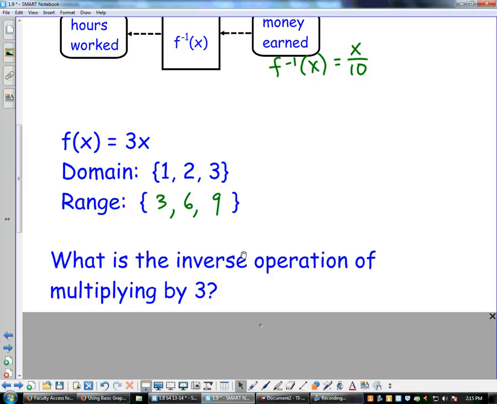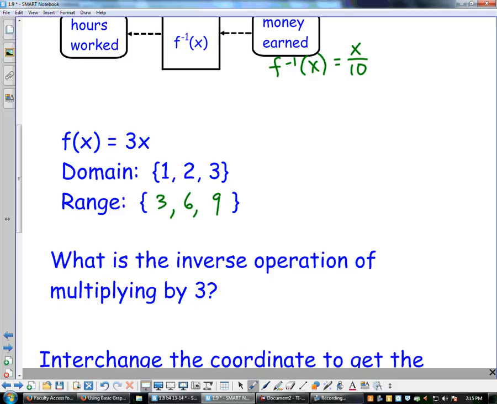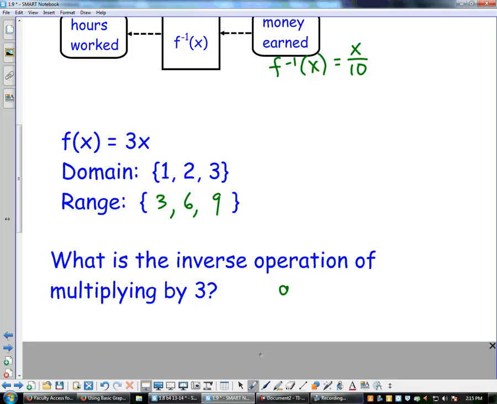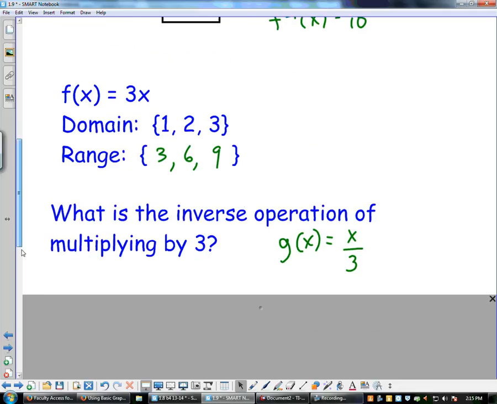What would be the inverse of f of x equaling 3x? Brian? All right, so we could say the inverse operation is dividing by 3. So we could even write the inverse function as x divided by 3. So in this case, f of x and g of x are inverses of each other.